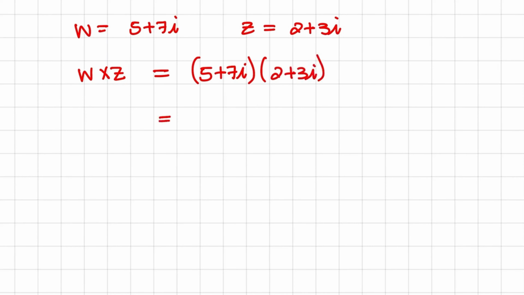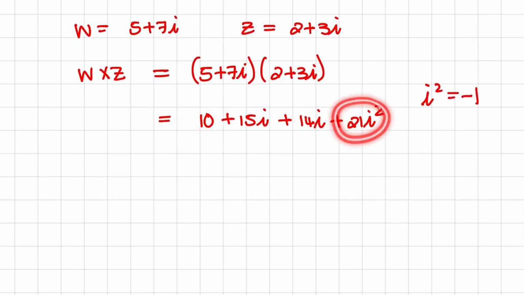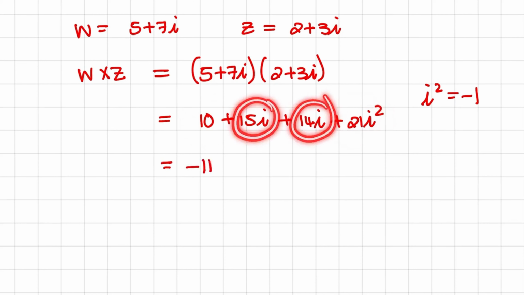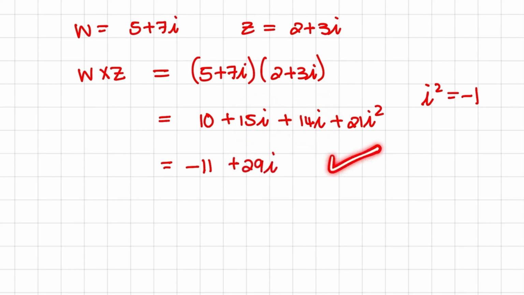And if I multiply out, it's 5 times 2, which is 10, then 5 times 3i, which is 15i, plus 7i times 2, which is 14i, plus 7i times 3i, which is 21i squared, where i squared is equal to negative 1. So that will be 10 minus 21, which is equal to negative 11, and then 15i plus 14i, which is equal to 29i. So that is how we multiply complex numbers with each other.